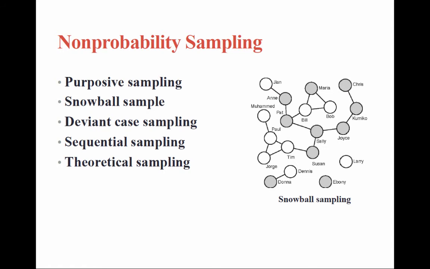In deviant case sampling, again a non-random sample, what I'm doing as a researcher is looking at the unusual or non-conforming cases to get more insight about why they are unusual, or what is going on that makes them so different from the others. In sequential sampling, also a non-random sample, as a researcher I'm trying to find as many relevant cases as possible.